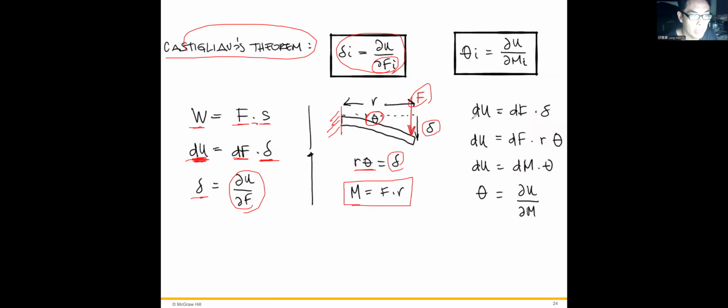Okay, and the additional energy dU equals the incremental force times the deflection, right? And we can replace this delta with r theta, and we can replace the dF.